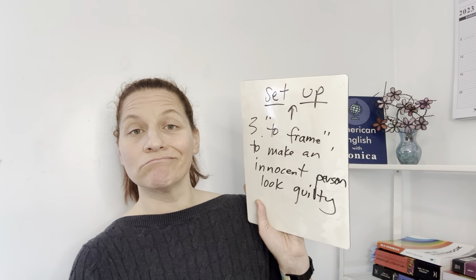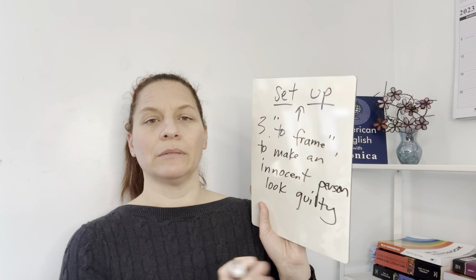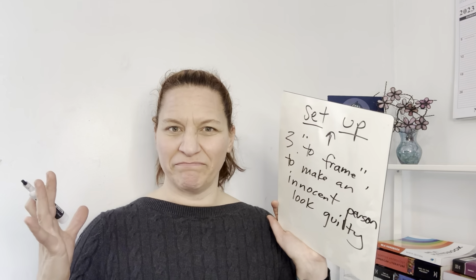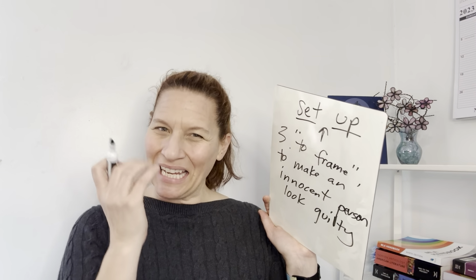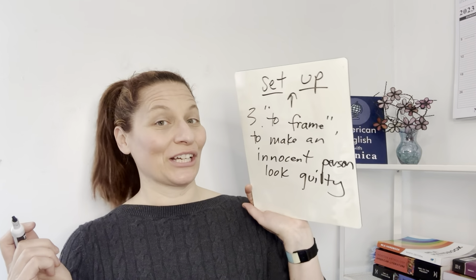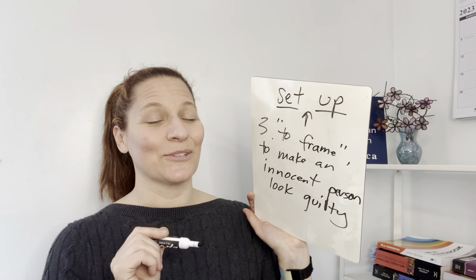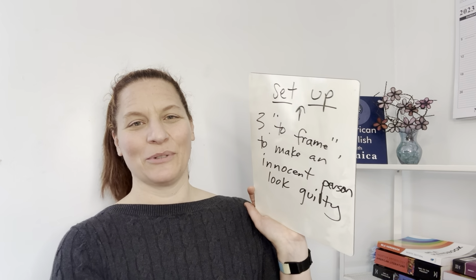Yeah, it's really bad to set people up, but this does happen. And I want you to know this definition. If someone says, I feel like I was set up, and it's a negative thing, this is what they're talking about.